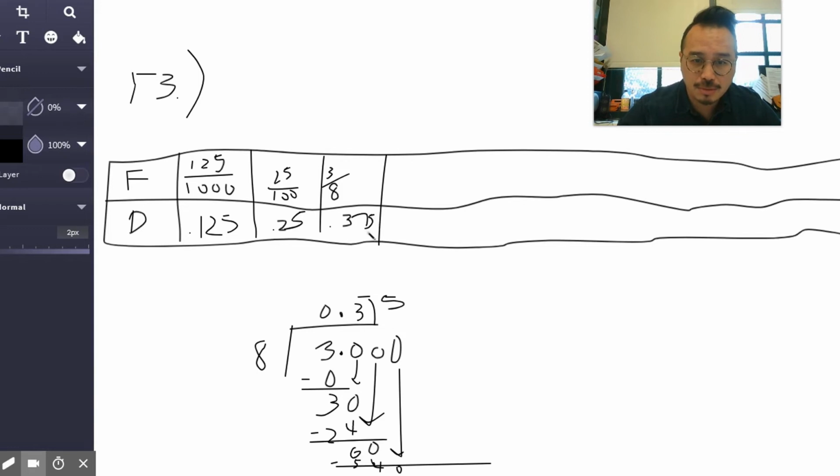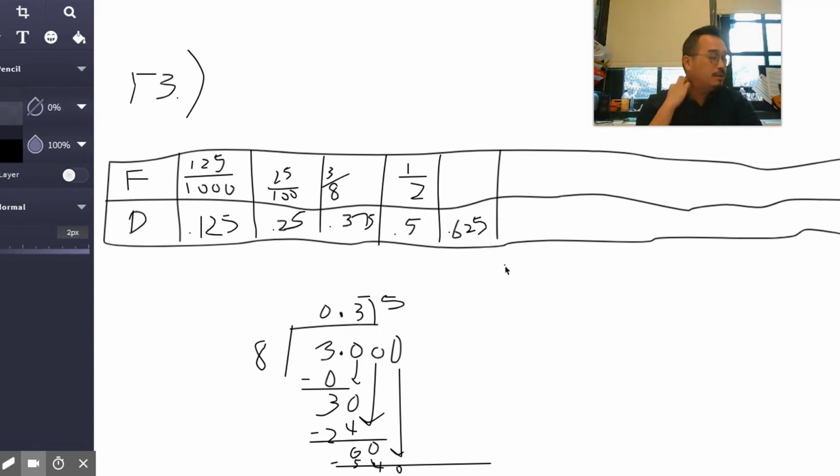Now what else? 1/2. I have a feeling I might be able to finish the whole thing. 1/2 is 0.5. You gotta know it by now. Now 0.625. I'm hoping you would remember it from class. I mean, try not to forget.